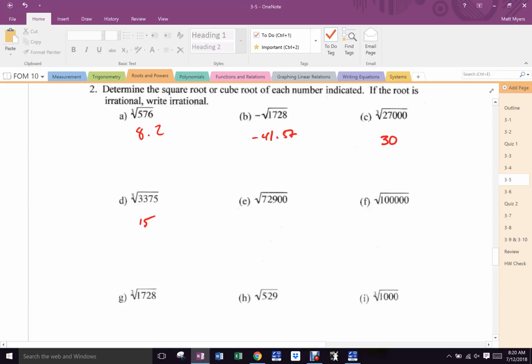Cube root of 72,900? 27. Or, sorry, square root. Square root of 100,000? 316.23. 316? Yep, okay.